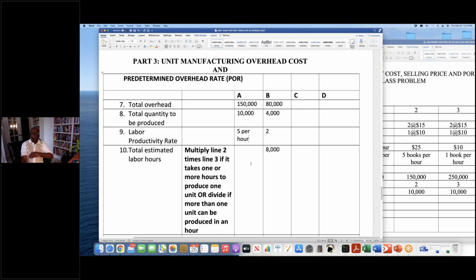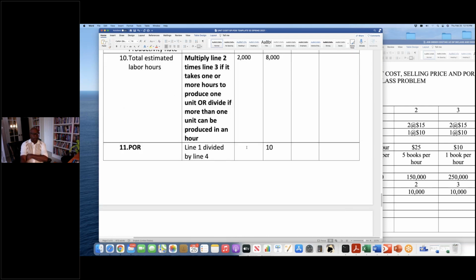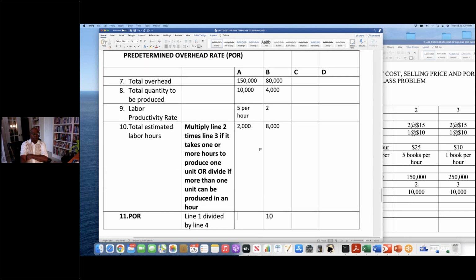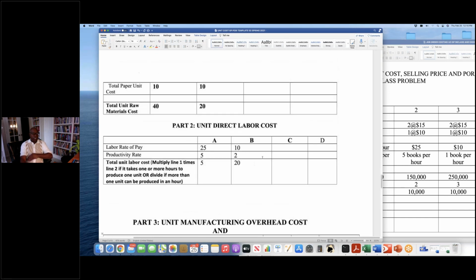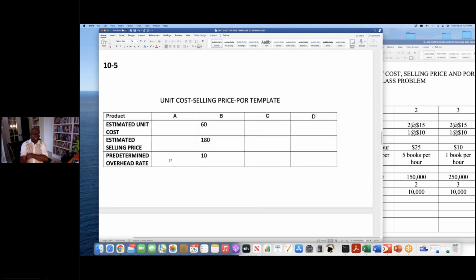Since it's 5 per hour, how many hours is it going to take us to make it? Total estimated labor hours, line 10. This will be 2,000 if you divide it. So what's our POR going to be? 75,000. I mean, that's 75. My fault. Should be 75. That's one of the answers we're looking for. So we're going to stick it in, 75.